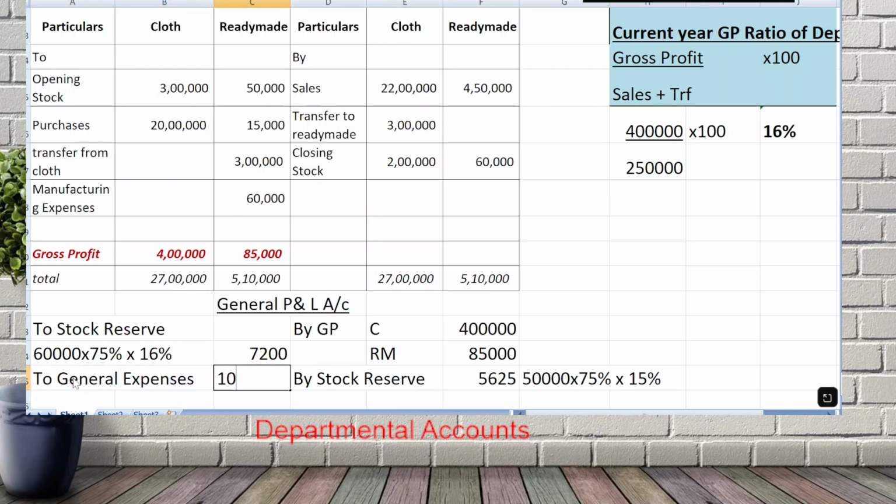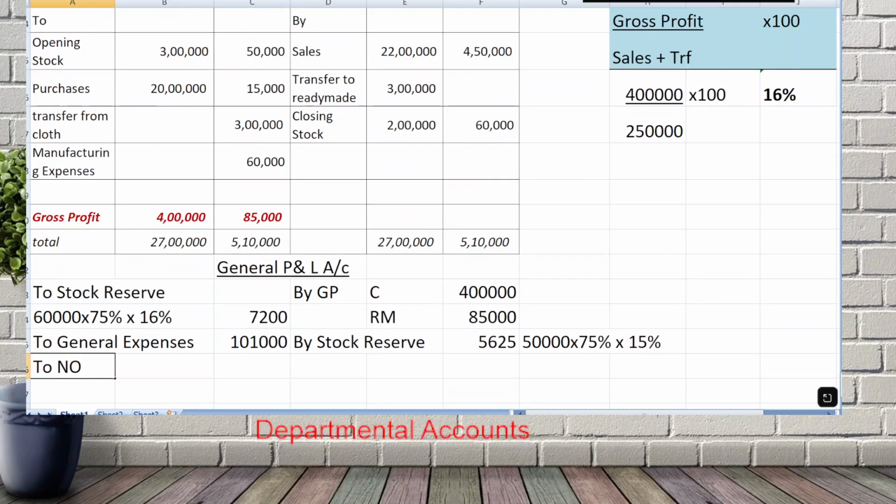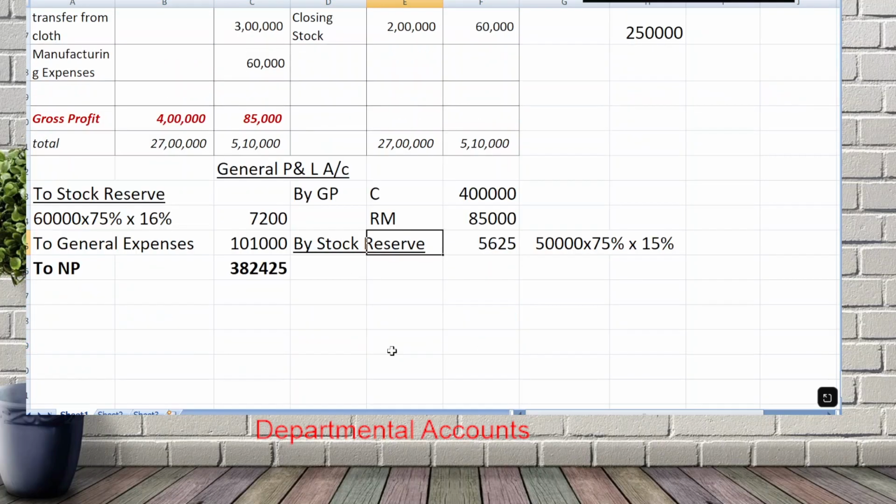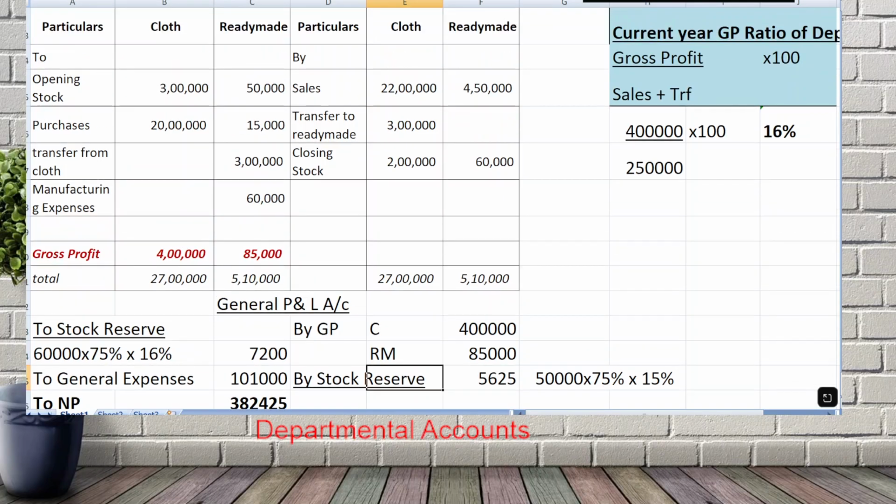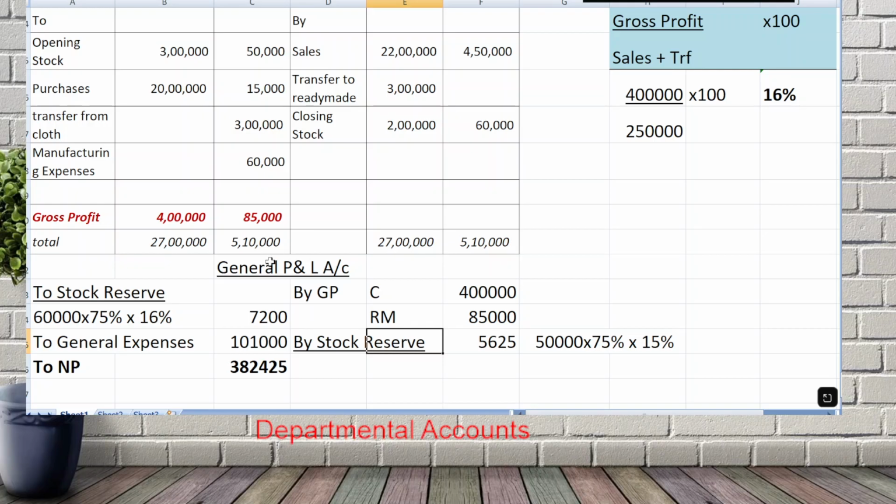Since it is given for the business as a whole and no basis is given, you can charge it in the general P&L account and find out the final net profit. அப்படியும் போடலாம்.